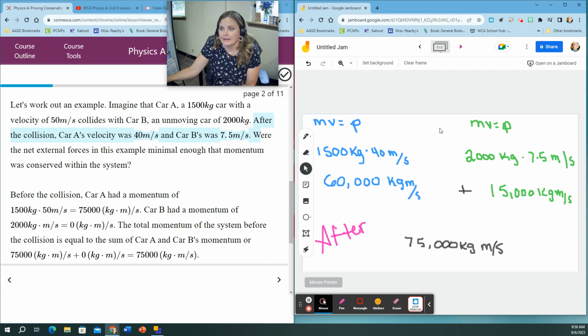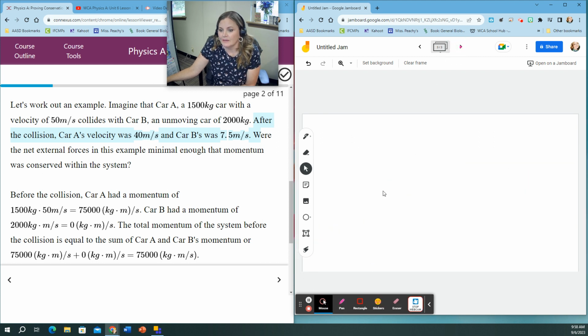So when we look at a general formula for conservation of momentum, our general formula is going to be: mass of object 1 times the velocity of object 1 plus mass of object 2 times the velocity of object 2. This is before the collision, right?